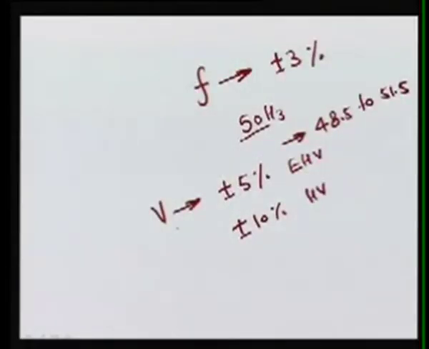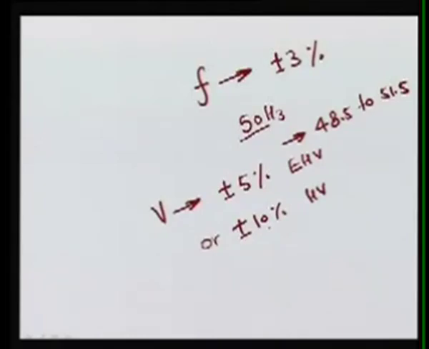These are steady state values: frequency is plus or minus 3% in steady state, and voltage is plus or minus 5%, or plus or minus 10%, in steady state. But there are many chances that your voltage is different for a fraction of a second.